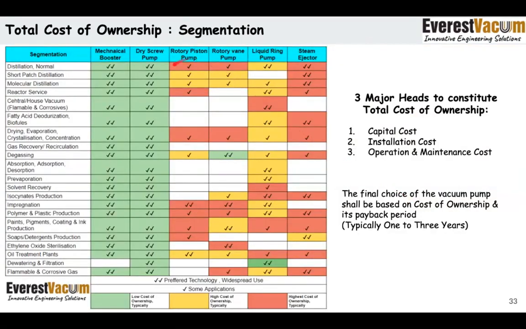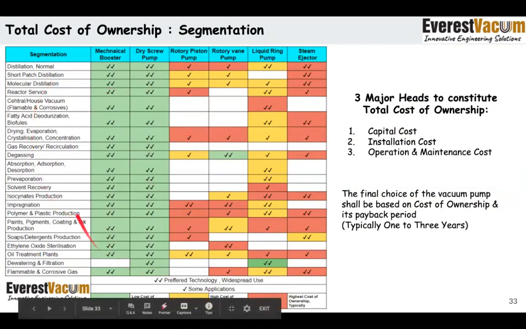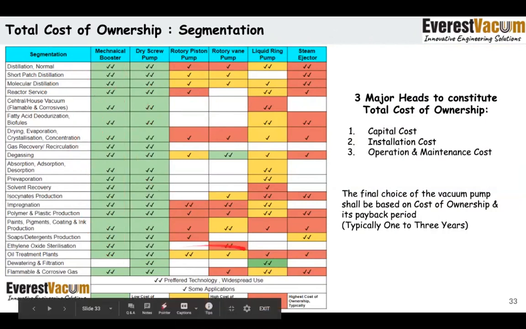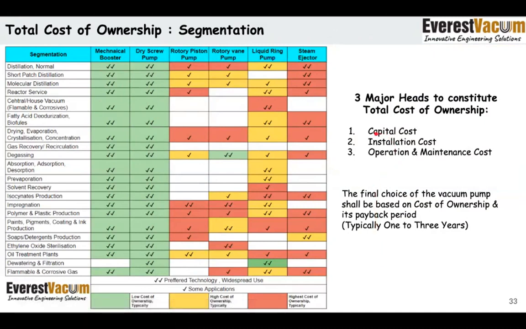Now, here we have done segmentation of various industries, and in which industries which type of vacuum pumps are best suited, again keeping in mind the capital cost, the installation cost, and the operation and maintenance cost. As you will see, the first two are the dry pumps, and the last four are the wet pumps.